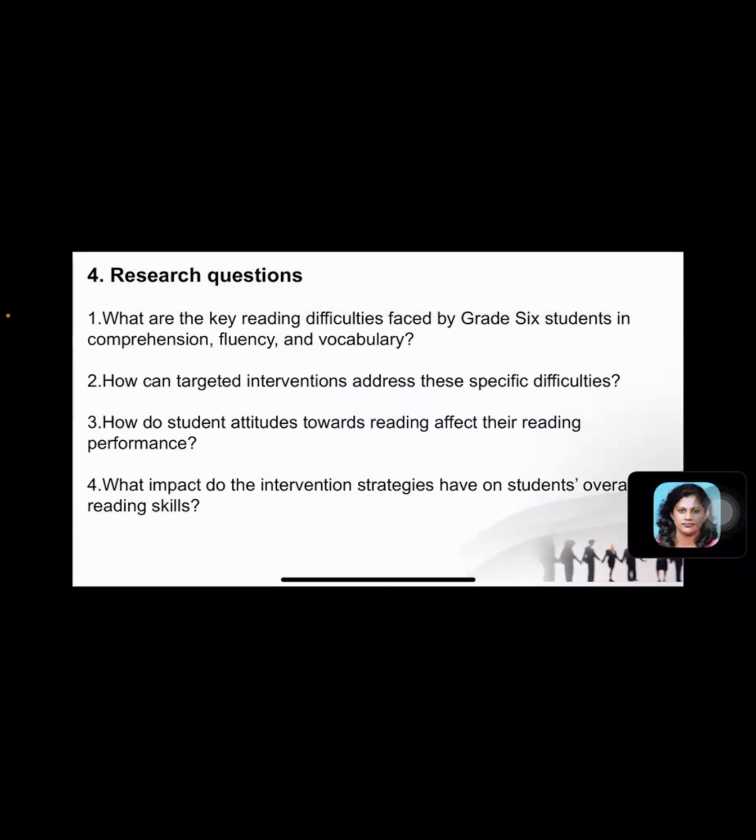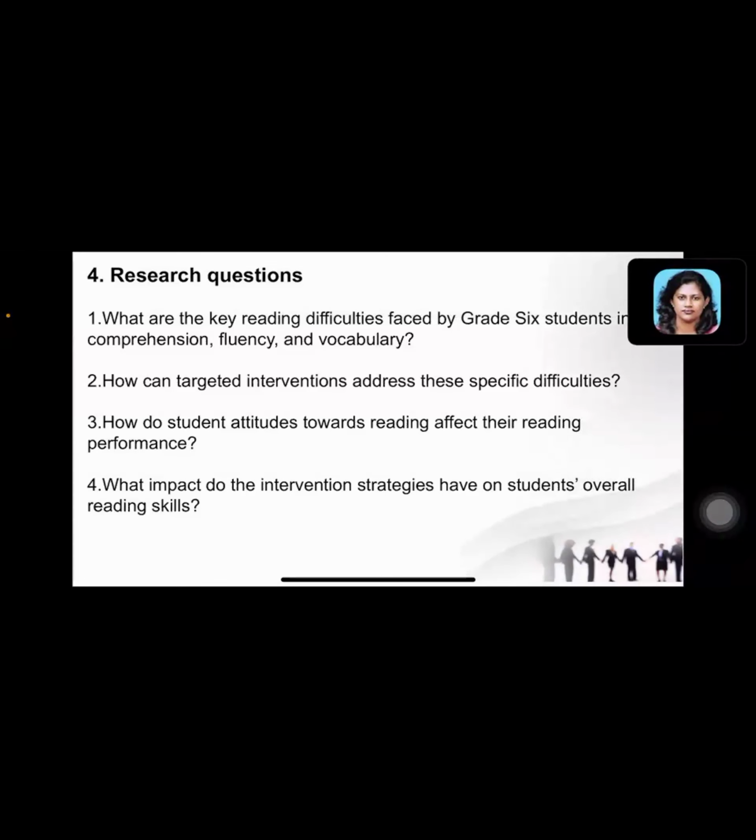How can targeted intervention address these specific difficulties? And I think, ma'am, I won't be able to do the third question, as you said earlier. It's about attitudes. And what impact do the intervention strategies have on students' overall reading skills?